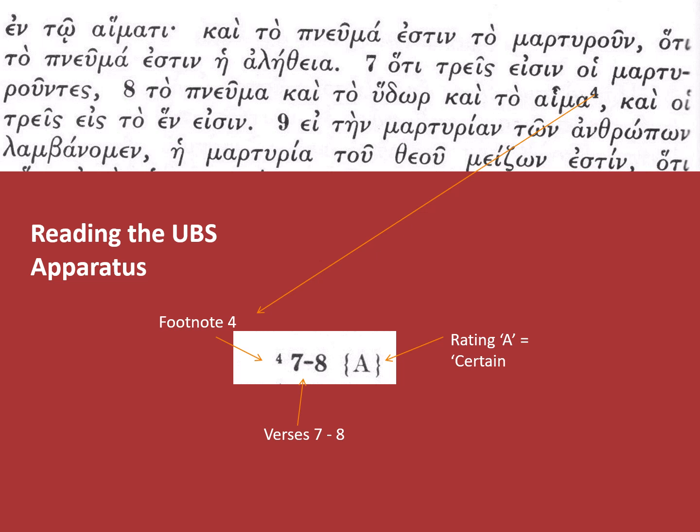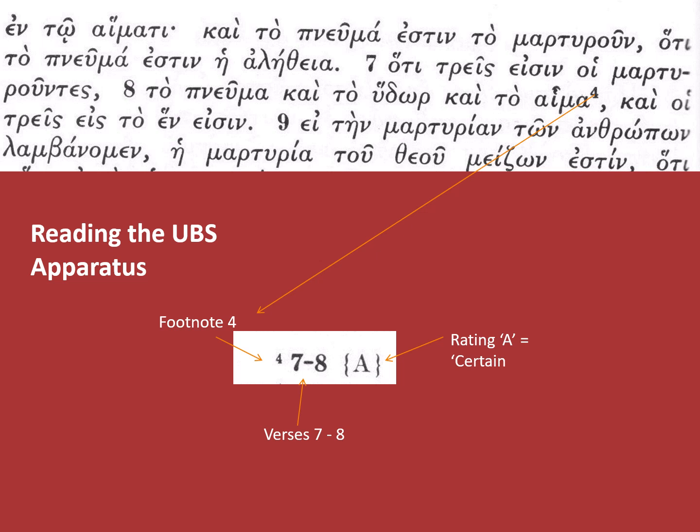On this slide, we're looking first of all at the Greek text itself to see that in verse 8 there is a number 4 next to the word blood, haima. And this number 4 refers you then to a number 4 in the apparatus.